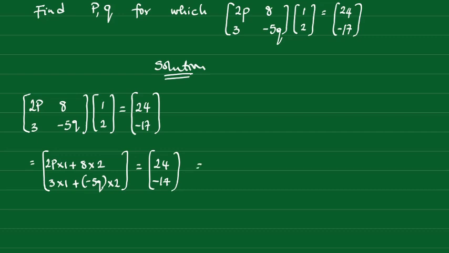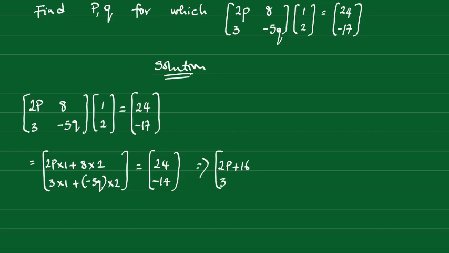Now this itself is equal to (2p times 1 gives us 2p, plus 8 times 2 gives us plus 16, and 3 times 1 gives us 3.